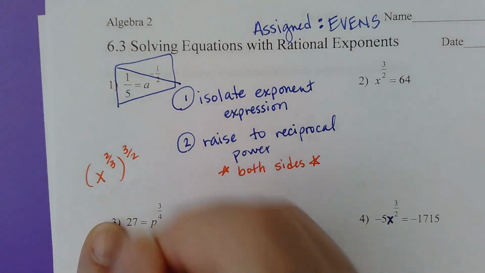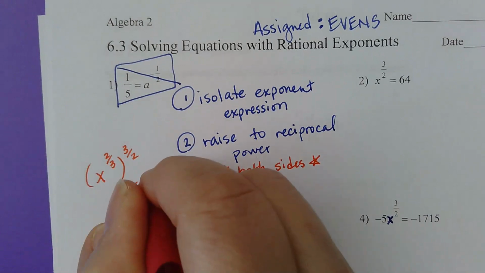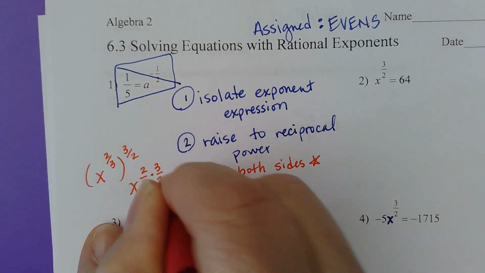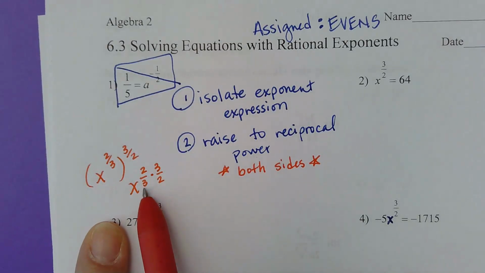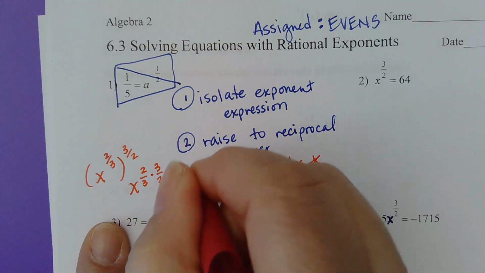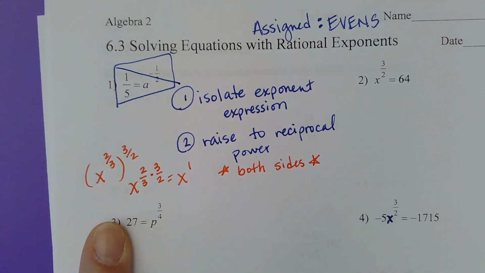So this would simplify to x to the 2/3 times 3/2. 2/3 times 3/2 is 1. So that's why we do it like that. Then it eliminates the exponent. And it has fractions, and you're going to be okay.